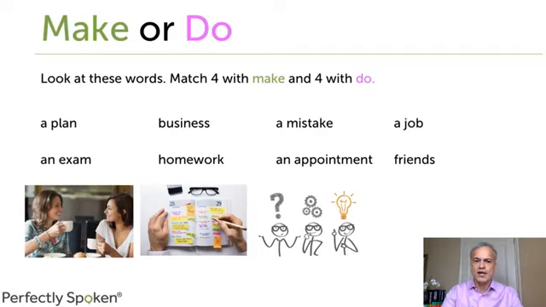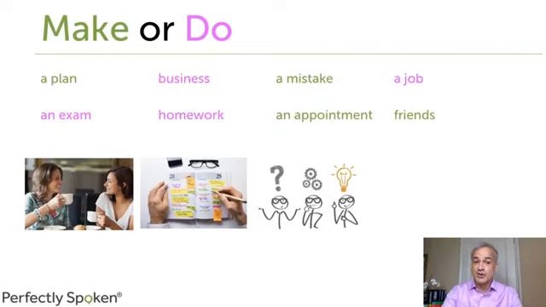Make or do? We've got four with make and four with do. A plan, business, a mistake, an error, a job, an exam, homework, an appointment, friends. Do you make a plan or do a plan? Pause. Say the answers. Let's check.